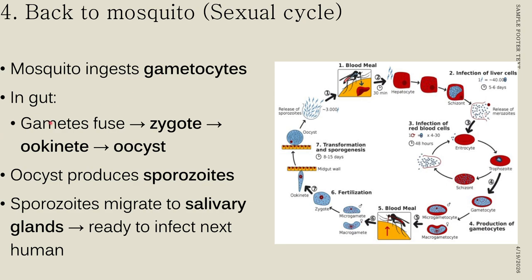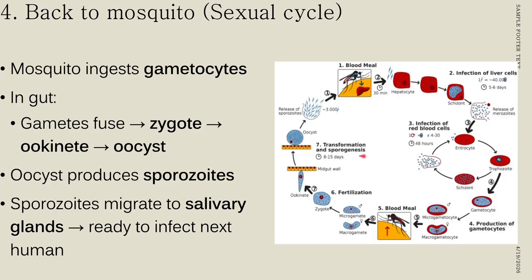In the gut of the mosquito, gametes fuse, microgamete and macrogamete. Microgametes are the male gametes, while the macrogametes are the female gametes. These gametes fuse or fertilize and form the zygote, and eventually the zygote becomes the ookinete, and then the oocyst.